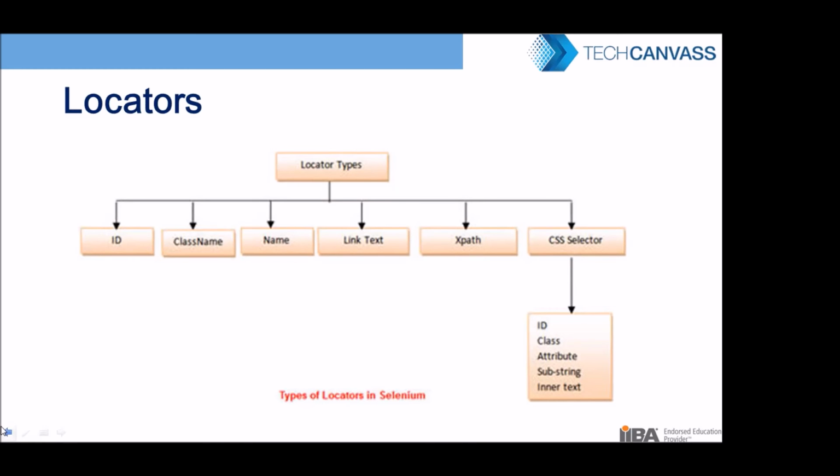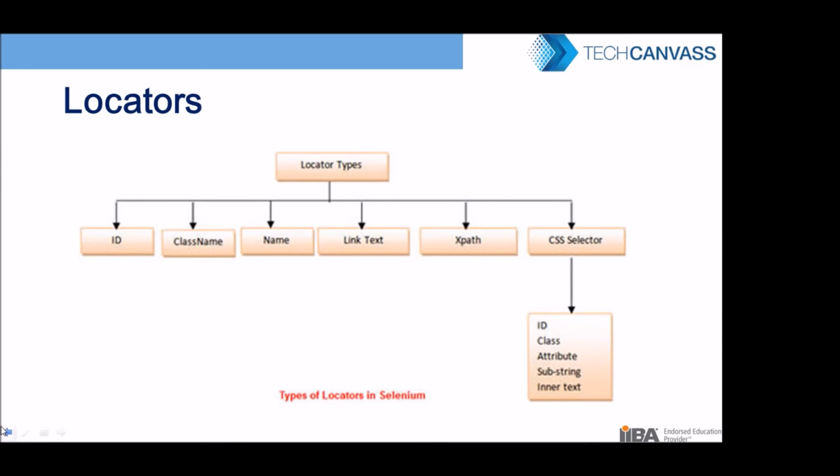CSS is nothing but computing style sheet. What this CSS selector does is capture the object in terms of its XY coordinates, height and width. This is definitely given by the developers, where they want to place their object and what will be its height and width.